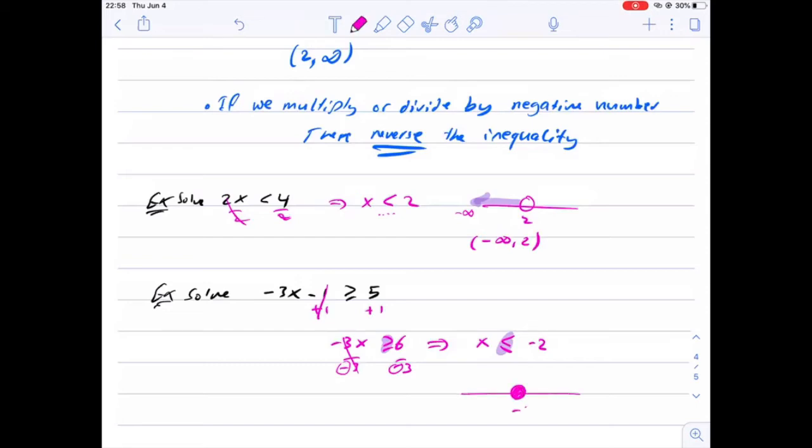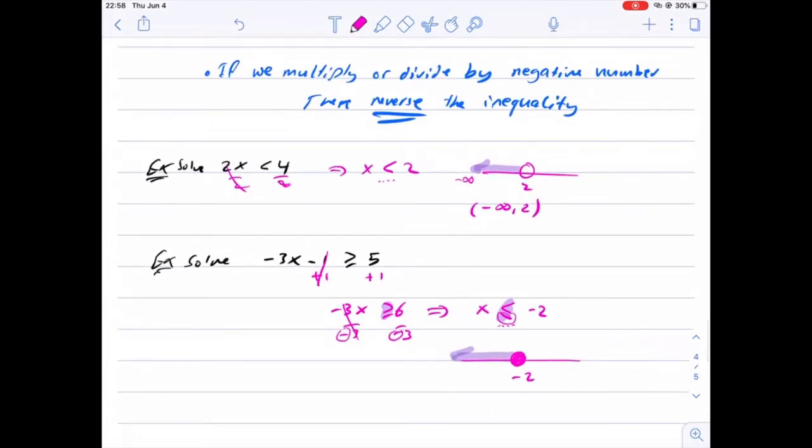Now on the number line, we have negative 2. It's closed at negative 2 because we have equality here, as you can see. x is less than or equal to this. That means all values here. So the solution set is the interval from negative infinity to negative 2. Negative infinity and infinity are always open in the interval, because those are actually not numbers.